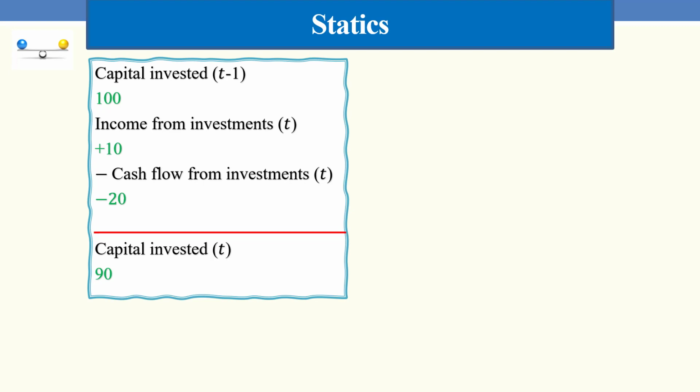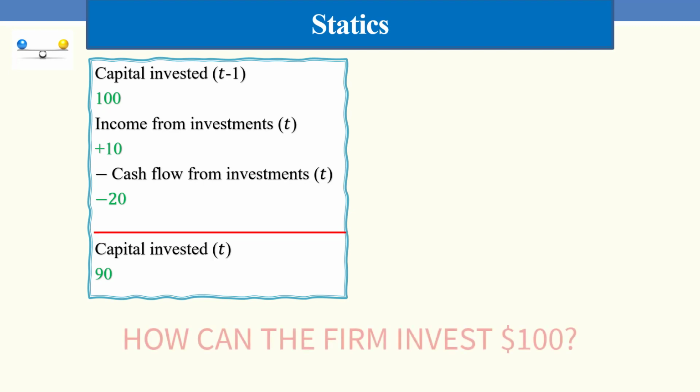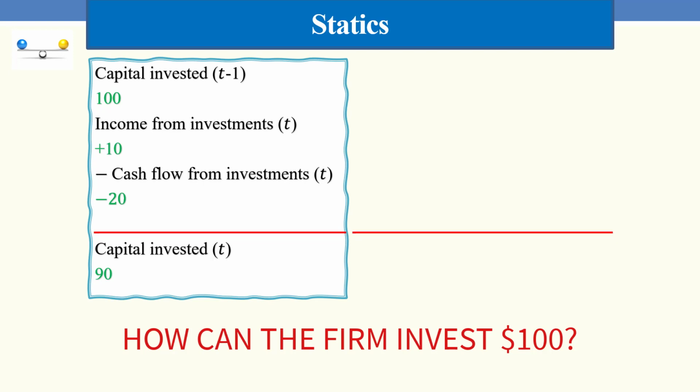Okay, we say that the firm invests $100 at the beginning of period t. But how can it invest $100? It must raise funds from someone who provides those funds. So the firm invests $100 only because someone deposits $100 in the firm. So there are 100 investments, but there are also 100 financings.